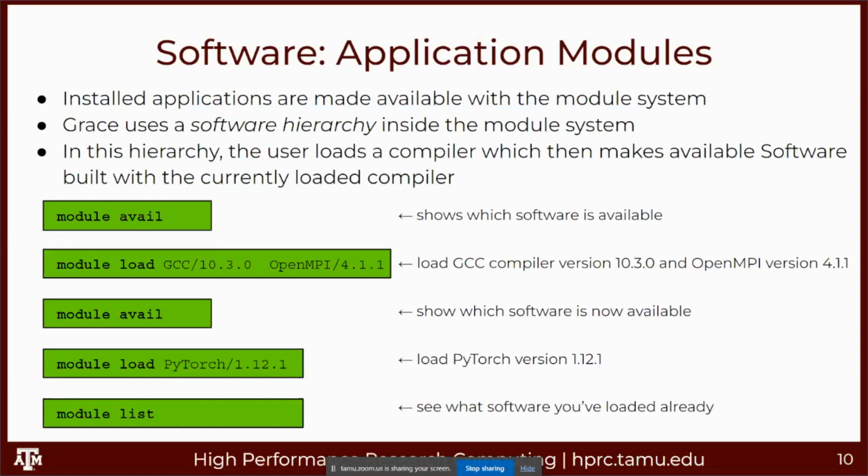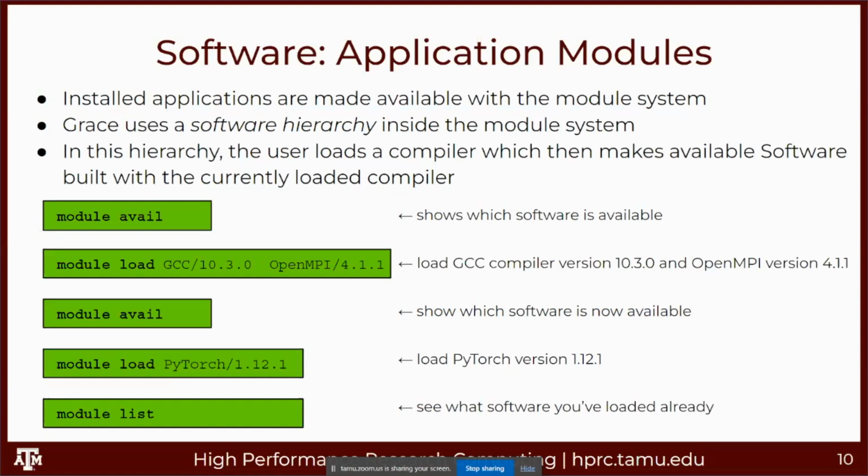In the command line, you'll be able to use module avail, and that will show all the software that is available to you. Prior to loading a specific software, you're going to need to load the specific compilers for that software. And after you load those compilers, you can do module avail again to double check that the software that you need is still available after loading those compilers.